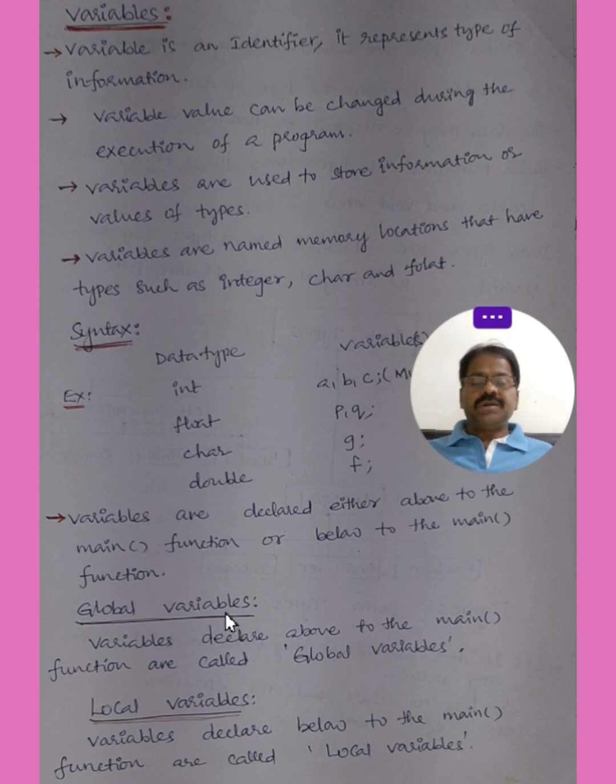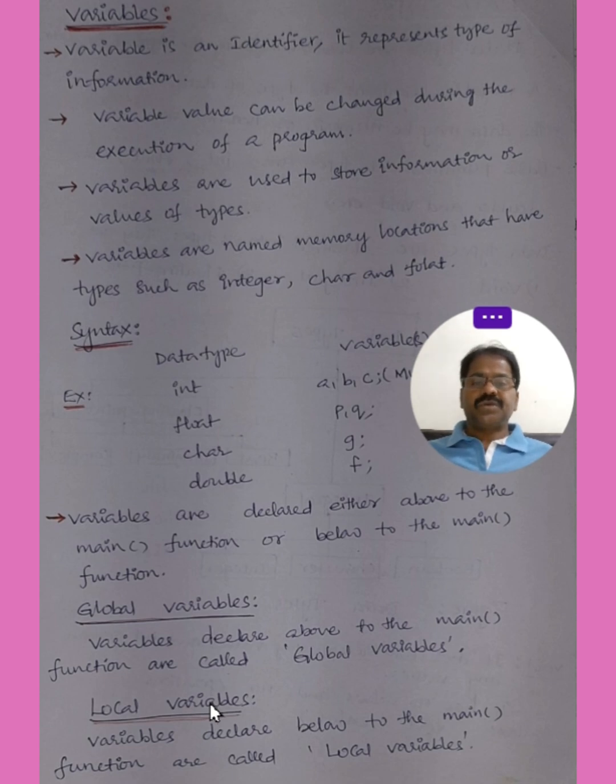So global variables are declared above or outside of the main. If we declare the variables outside of the main, they are called global variables. Inside the variable declaration is called local variable. Any function, either a main function or any function, if we declare the variables inside the function, that is called a local variable.